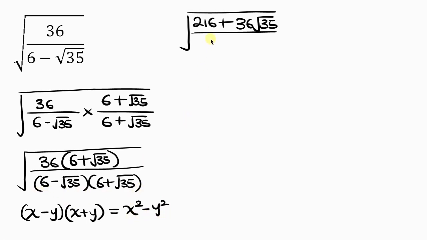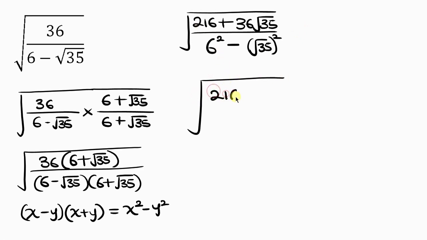So we have 6 squared minus the square root of 35 squared. So this gives us the square root of 216 plus 36 root 35 all over. Now 6 squared is 36 minus. Now notice that this square can cancel off the square root, leaving behind 35.